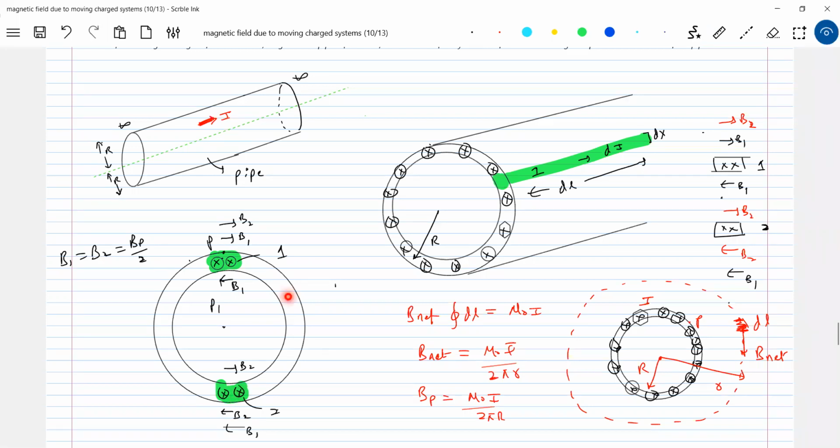The current flowing in the first element will experience a force due to the field produced by the second element, similar to capacitor charged plates. The charge on the negative plate experiences force due to the field produced by the positive plate. The similar idea you have to bring. That force I'll calculate, and that force per unit area will become the magnetic pressure.